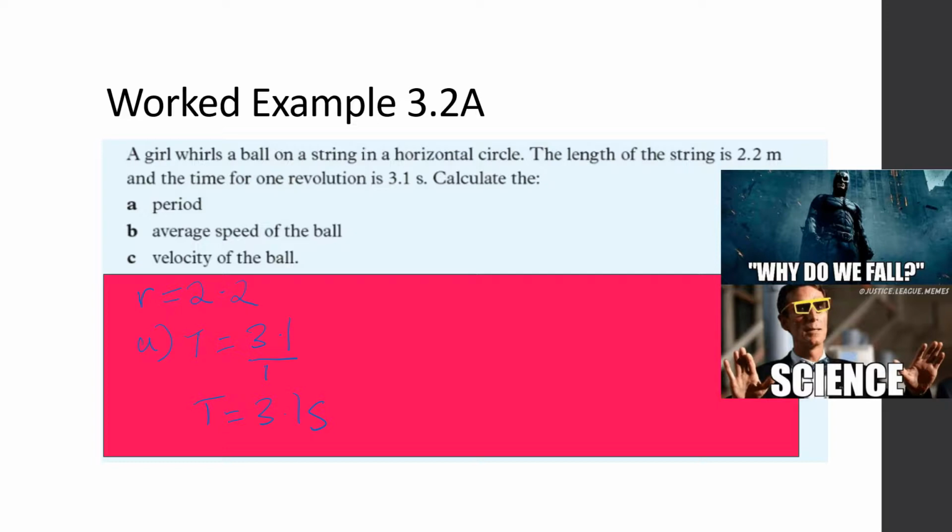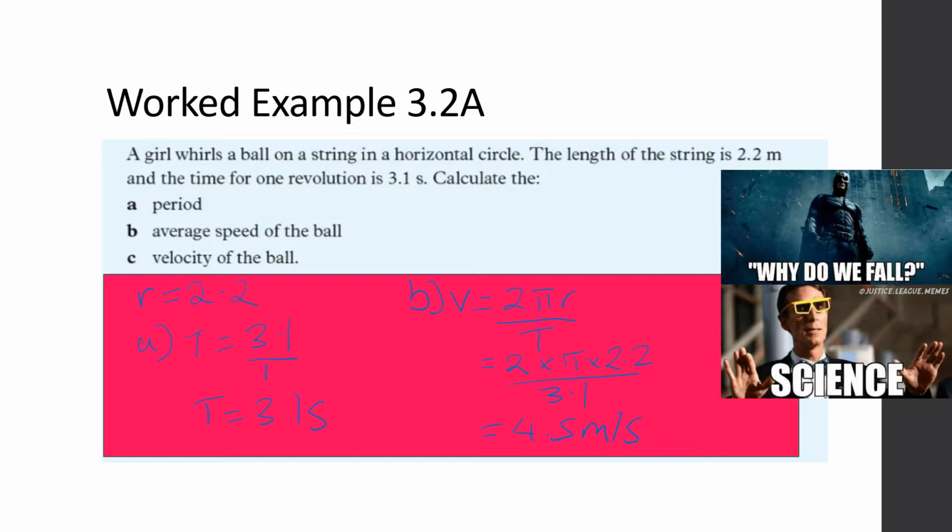For velocity, question B, we just use the equation 2 pi r, which is distance over time. So we plug in the numbers that we know into our calculator, 2 times pi times 2.2 divided by 3.1, and that gives us 4.5 meters per second.